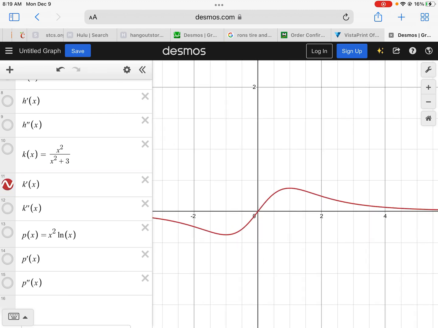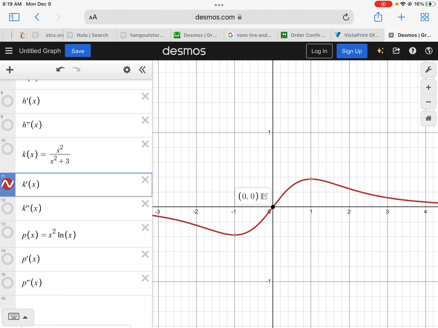I can see that the derivative is 0 at 0.